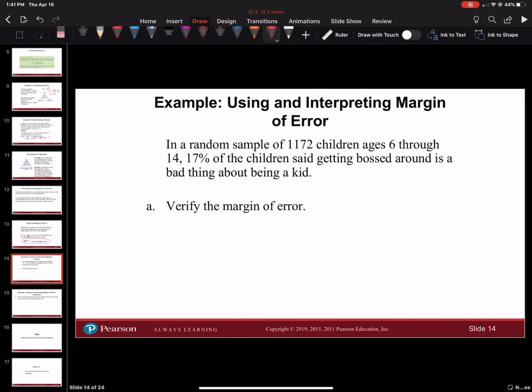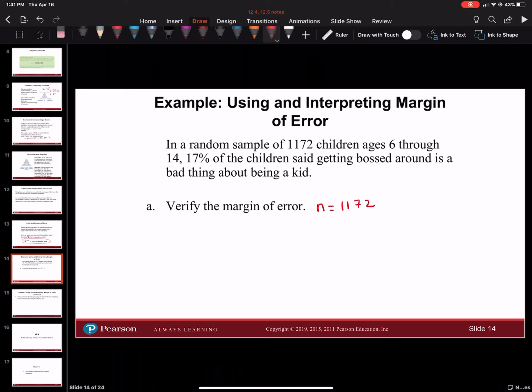So let's look at an example. It says using and interpreting the margin of error. In a random sample of 1,172 children, ages 6 through 14, 17% of children say getting bossed around is a bad thing about being a kid. So let's look at what we got. We know our sample size, n is equal to 1,172.